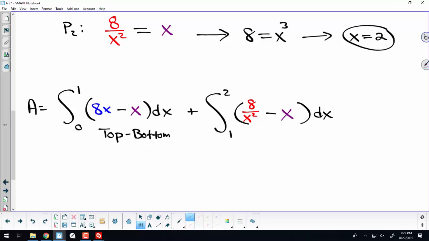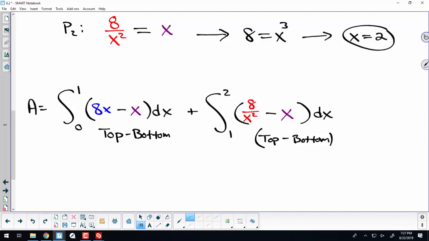Top minus bottom. Okay. So that's the setup.